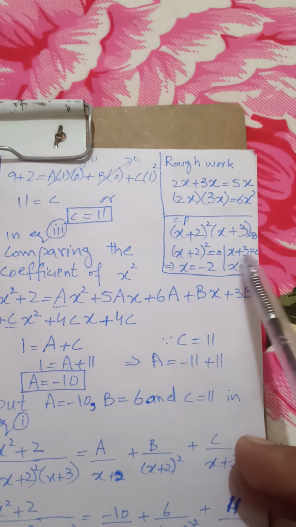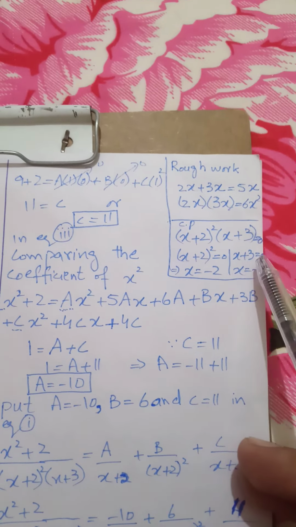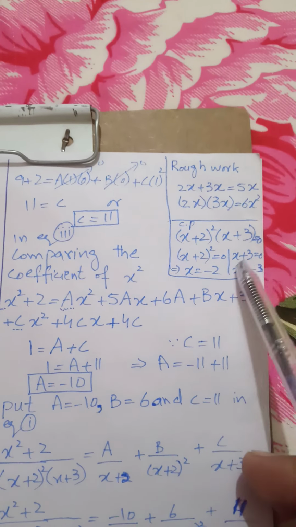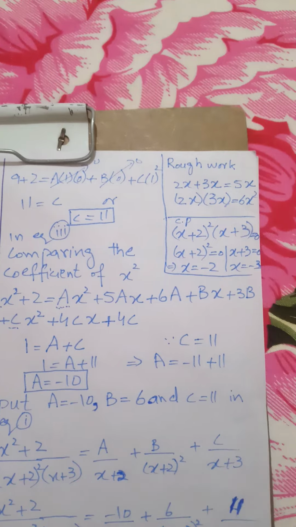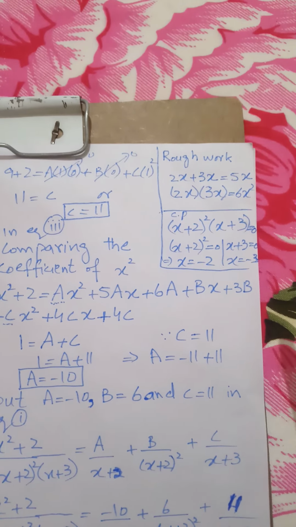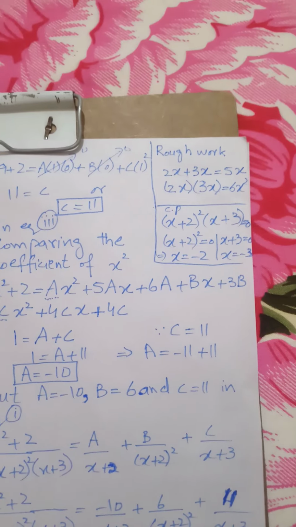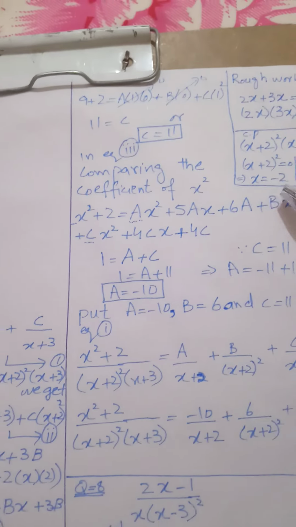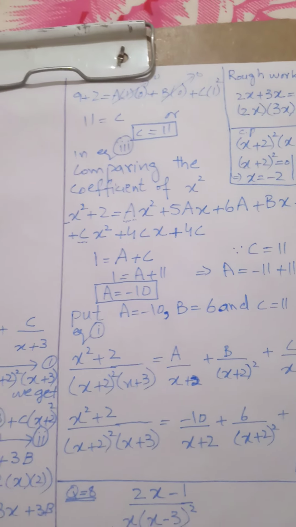Similarly, x plus 3 is equal to 0. It means that x is equal to minus 3. Now x is equal to minus 2 and x is equal to minus 3 are the two values in which it gives us some constant values like a, b or c. First we put x is equal to minus 2 and then x is equal to minus 3.